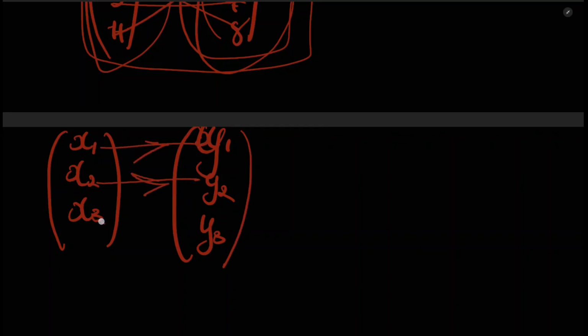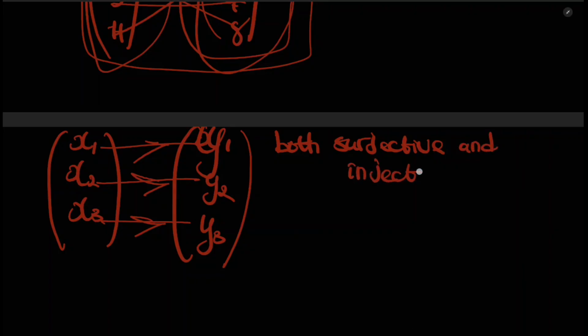Let me do their mapping. So in this case, it is both surjective and injective. So you're going to be asking why. Why is it both surjective and injective?